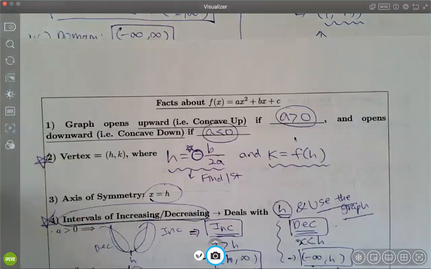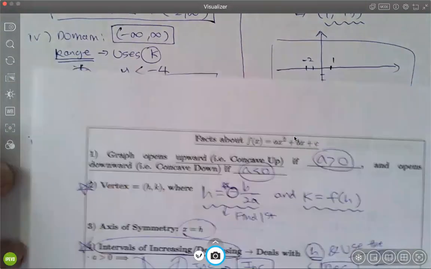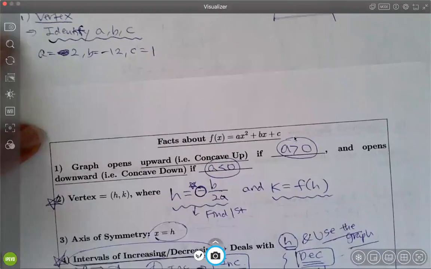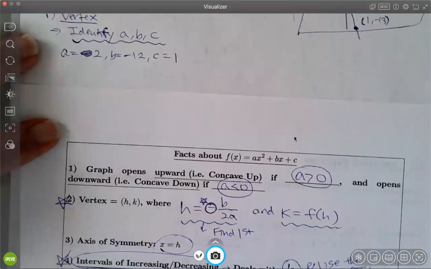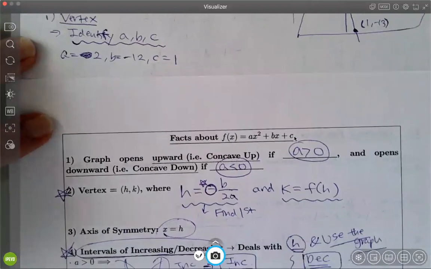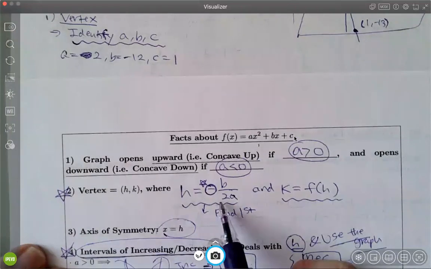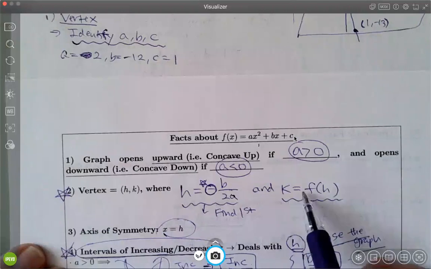So what was the formula? When you have ax squared plus bx plus c, h is equal to negative b over 2a. And then how do you find k? You have to plug h into x, right? Remember that?